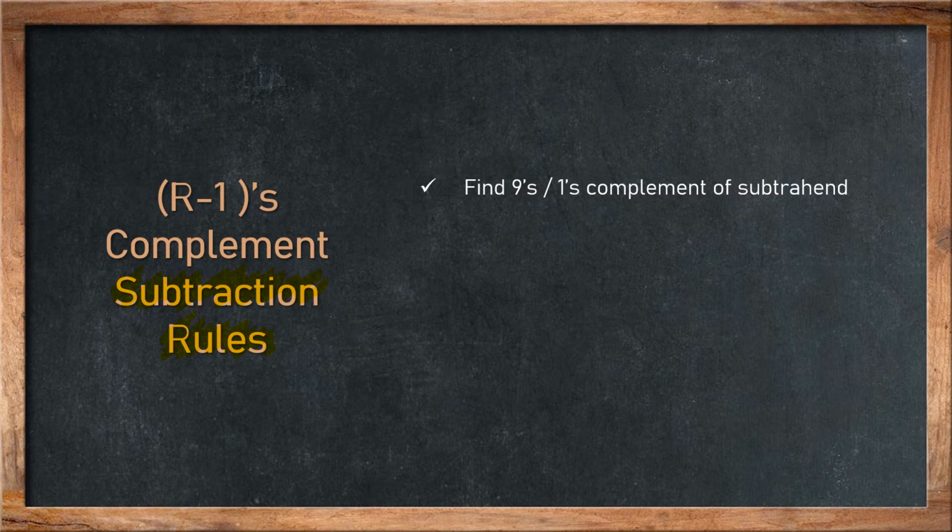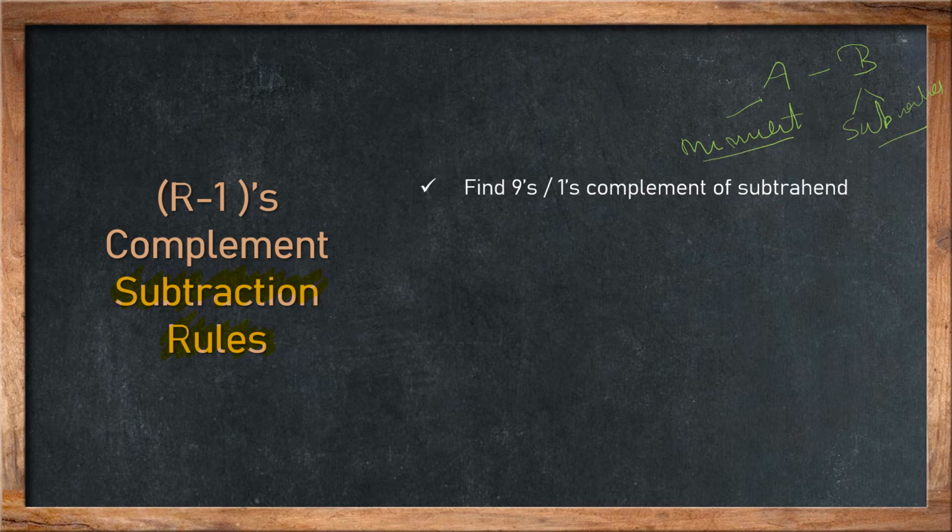So what is the subtrahend? When I say a minus b, this b is my subtrahend, and this a is my minuend. So you have two terms: one is the subtrahend and the second is the minuend.